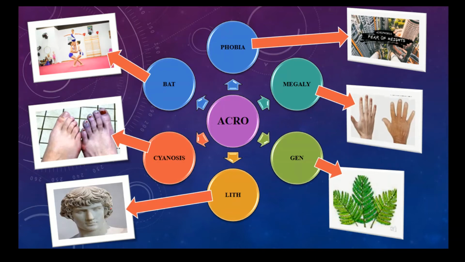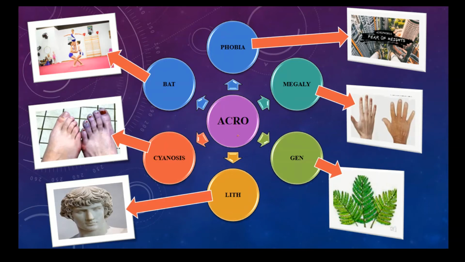Here in the picture you can see one head I have shown, that is acrolith. Acrolith is a composite sculpture: its hands, head and feet are made of stone, and other body parts are made of wood. So that is the example of acrolith.